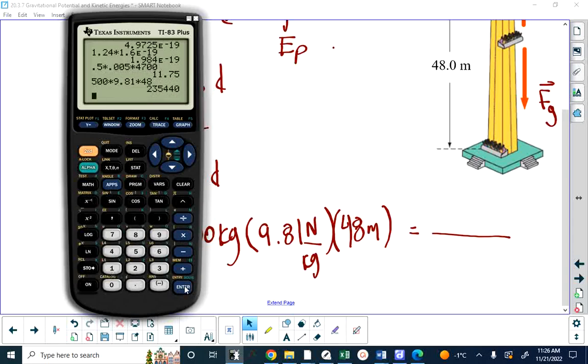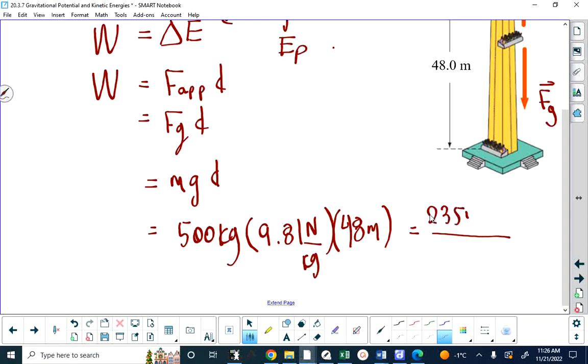So you get 235,440 joules. By the way, this whole idea here is why we have this formula, which from now on we're going to use. We don't need to reason out that when you lift an object, the force applied is the force of gravity. We can just say it's potential energy, so we're going to use mgh from here on in.